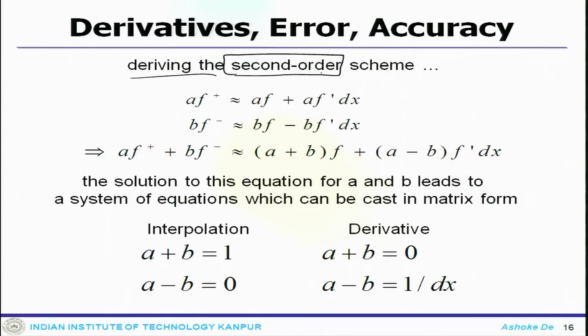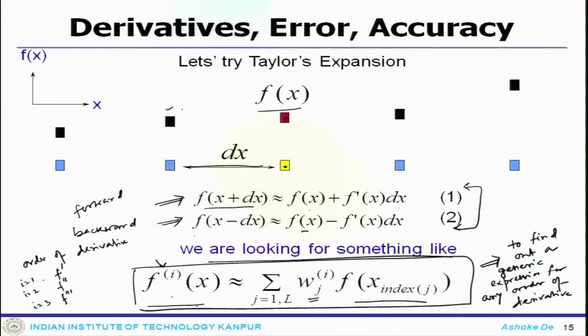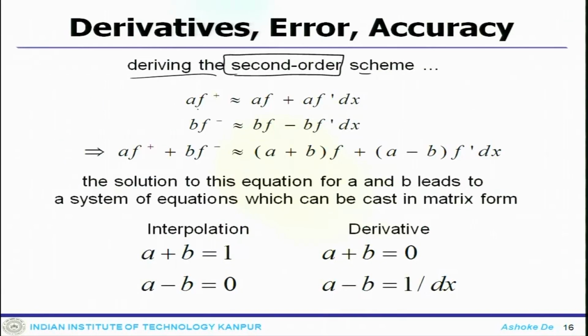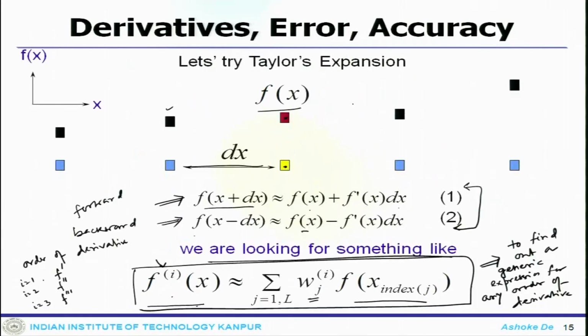When we talk about a second order scheme, these are all synonyms. When we say second order scheme, these are second order accurate systems. So, when you say a second order accurate system, if you go back here and look at this expression in equations 1 and 2, and write down a f plus equals a f plus a f prime dx, which is this expression f of x plus dx.